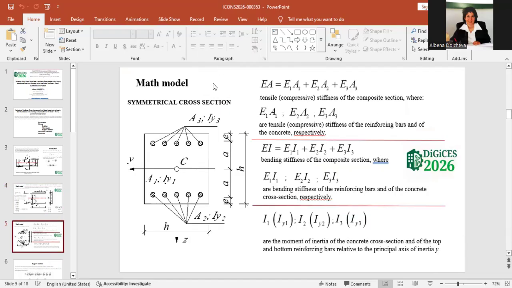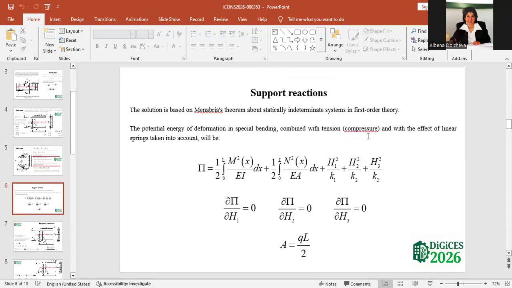The tensile-compressive stiffness of the composite section and the bending stiffness of the composite section are given here. The support reactions' solution is based on the Menabrea theorem about statically indeterminate systems.